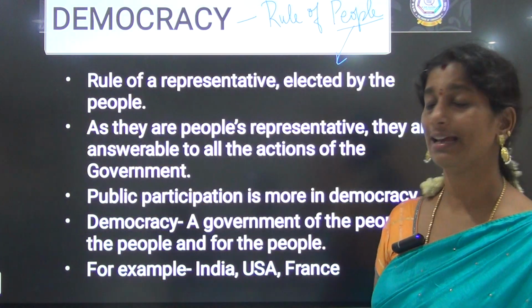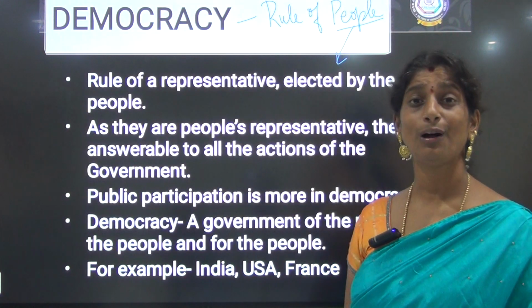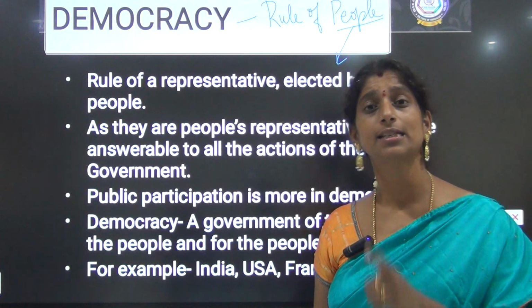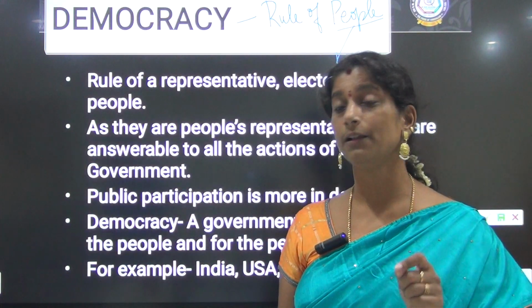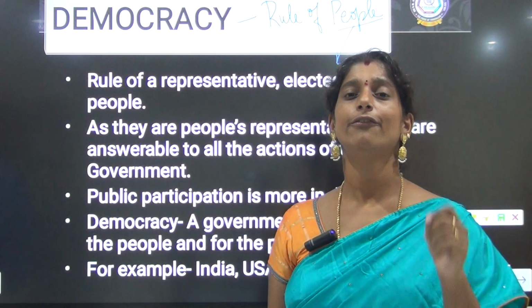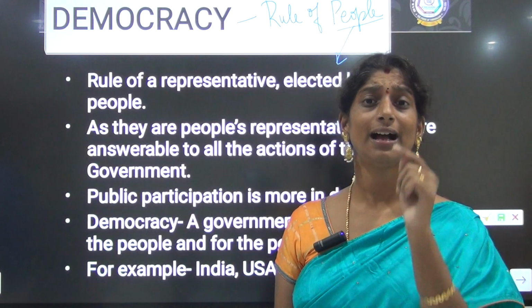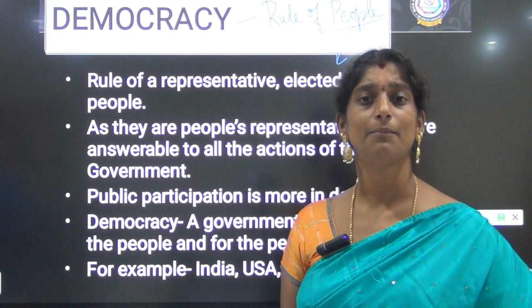So they will be elected and they will rule the people, right? As the person is elected by the people, they are answerable to the people for each and every action they do, because people have made them a leader.